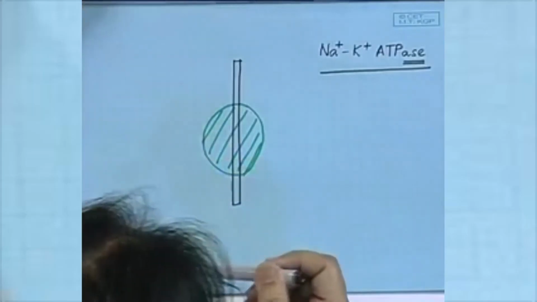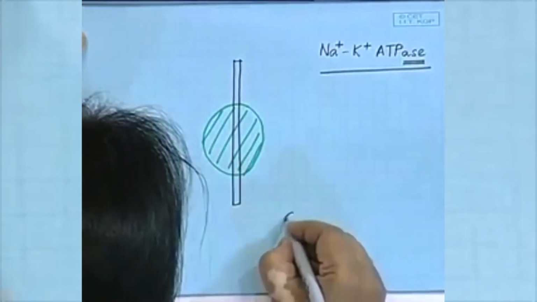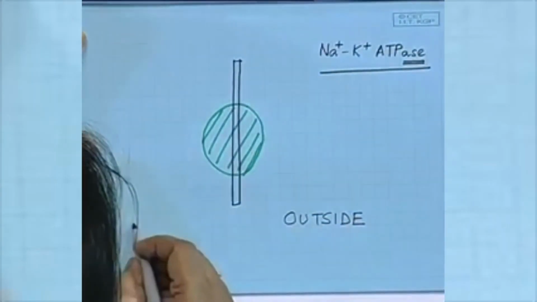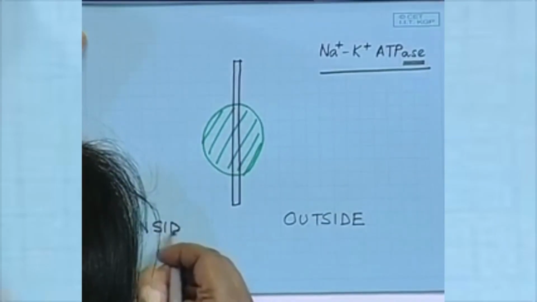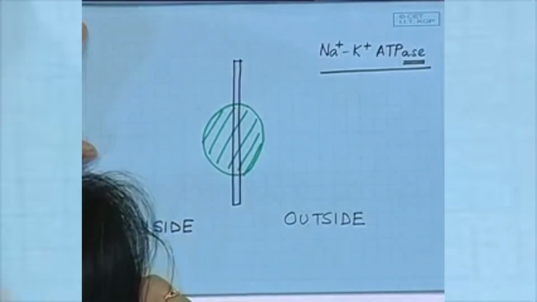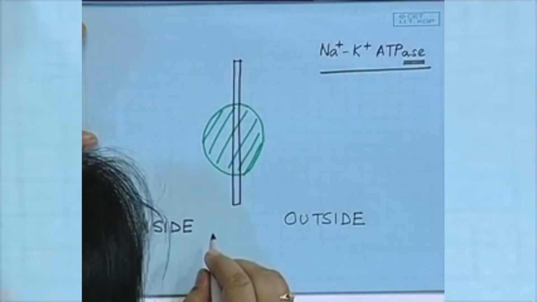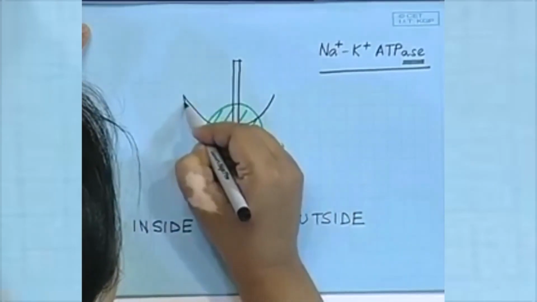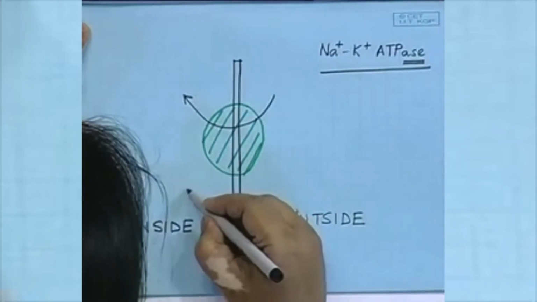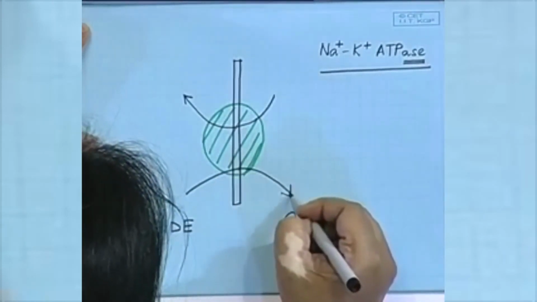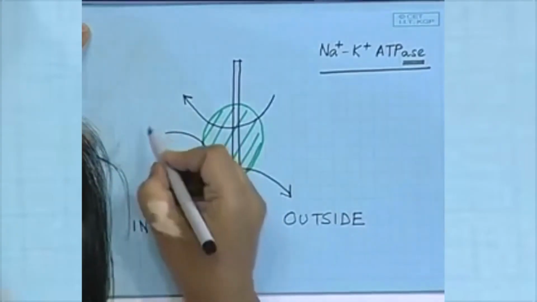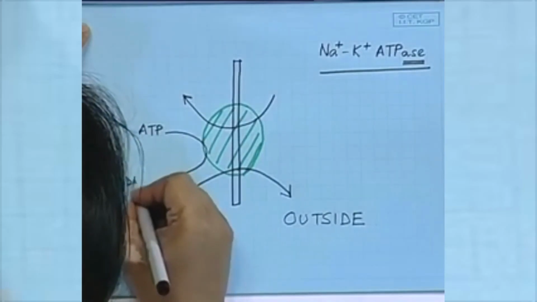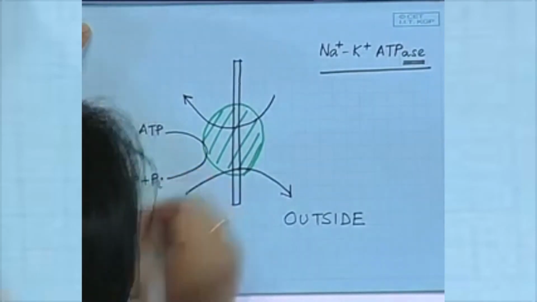If this is the outside and this is the inside, there is a certain gated channel here, and we have ATP hydrolysis, because this has to be driven. It is an ATPase pump, so we have ADP. We will be studying all this when we do bioenergetics in more detail.